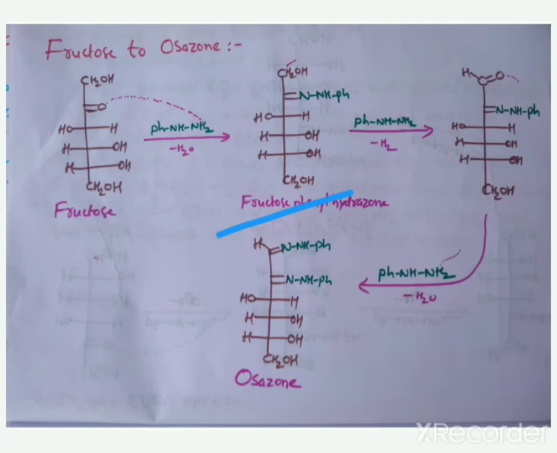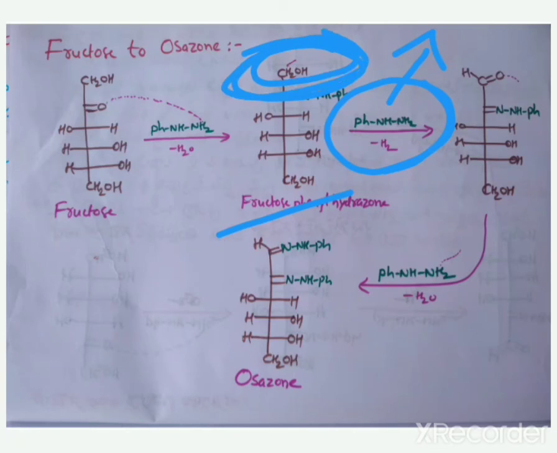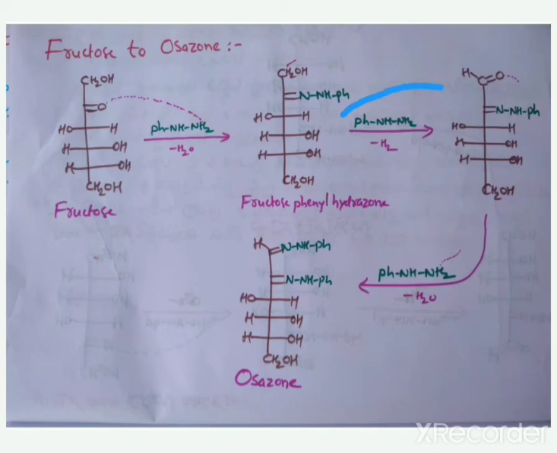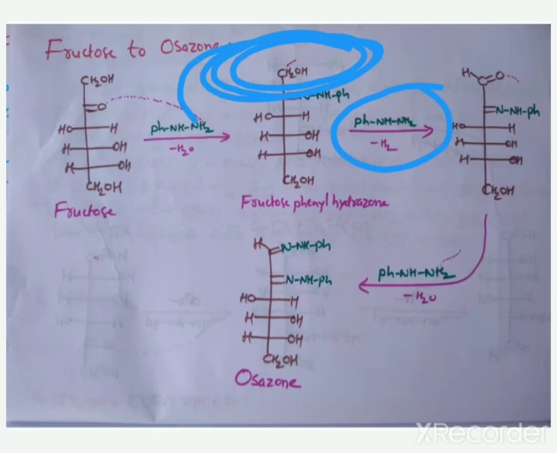Then fructose phenylhydrazone reacts with second mole of phenylhydrazine. The role of the second mole of phenylhydrazine is to remove 2 hydrogens from the first carbon, from this CH2OH group.